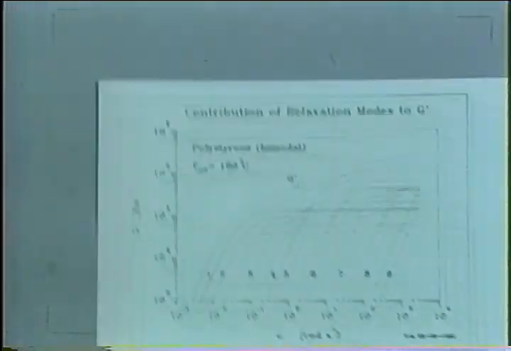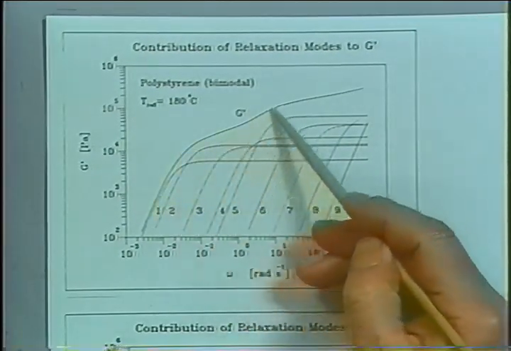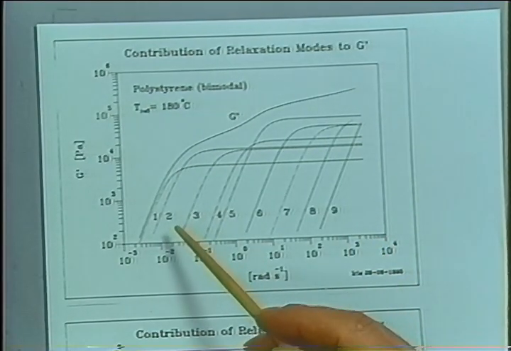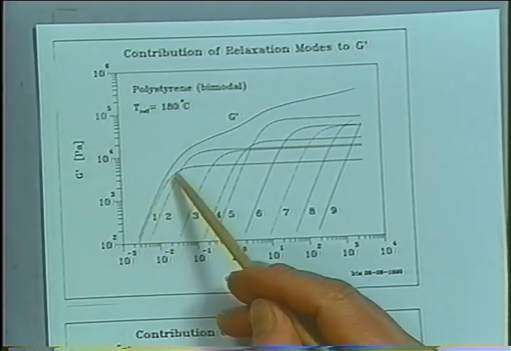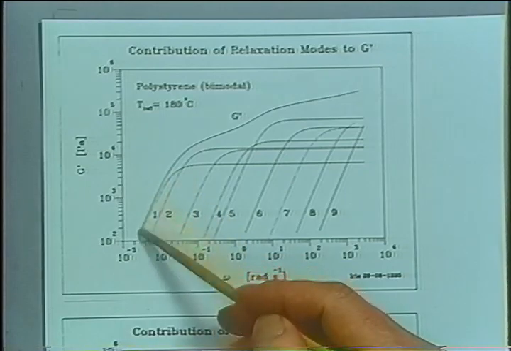Now, this fit for G prime here is modeled by the discrete relaxation modes. This is the longest mode. And the next mode, you can see that the longest mode really carries the spectrum here to the lowest frequency.